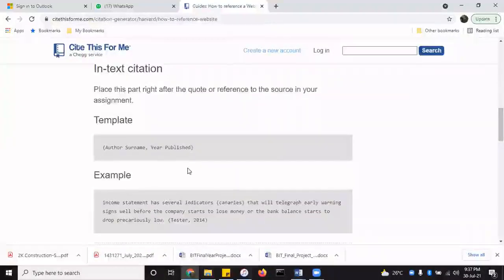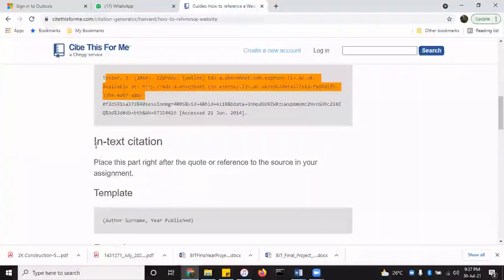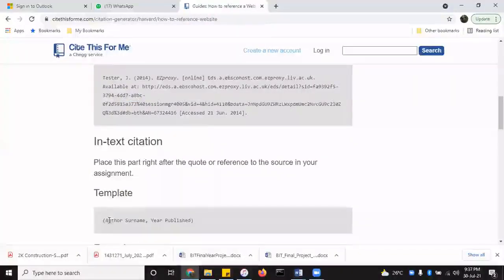Within your in-text citation, it's supposed to be the last name of the author who published that documentation and the year they published it. That becomes the in-text reference.